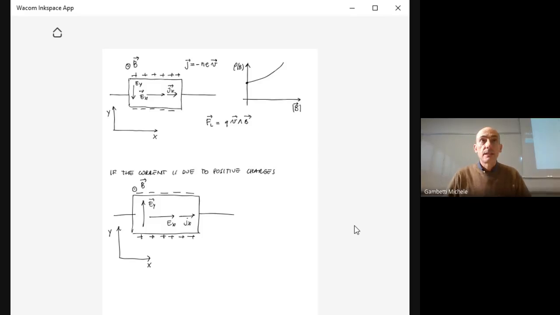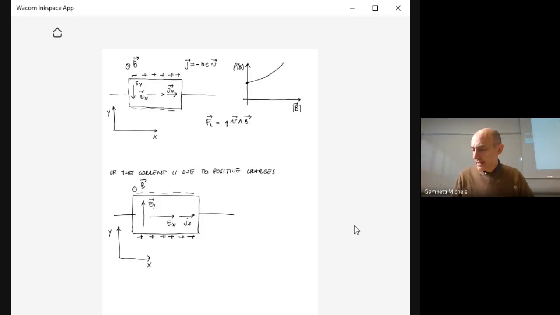So with this experiment, it is possible to evaluate the sign of the charge carriers. Since this experiment distinguishes whether the current is due to negative particles, electrons, or positive particles, it is possible to validate the approach of Drude.